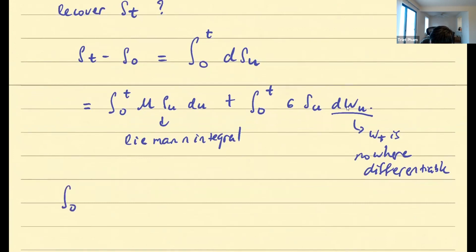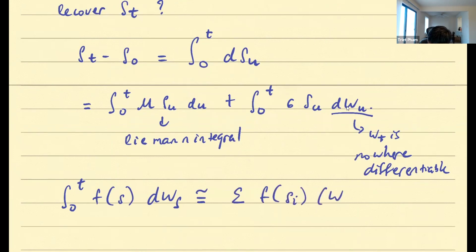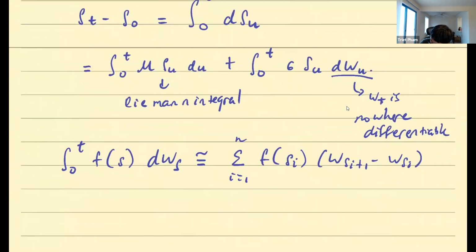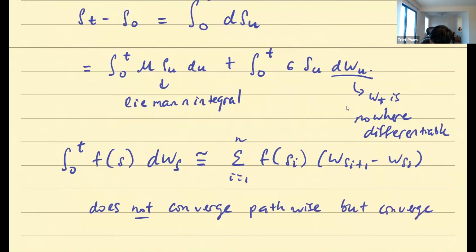But the integral, let's say this, f of something, which is approximately the sum of the partial terms like this, does not converge pathwise, but converges in the mean square sense.